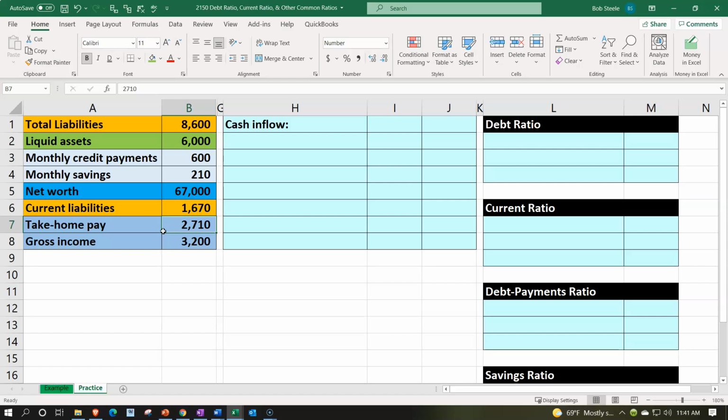So right here, we're basically compiling our information on a periodic basis, and the difference between those two, note, is that if I'm just compiling my information periodically, I'm going to take my information from the source documents, like my bank and whatnot, and I'm not going to look at the transactions so much when I'm looking at the balance sheet, but just the end numbers, and then I'll try to compile my cash flow just from the data that I have, as opposed to using something like QuickBooks and actually entering the data as we go, which means you're going to have to use some more accrual kind of concepts if you're actually recording the daily transactions.